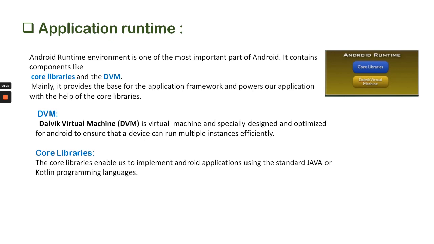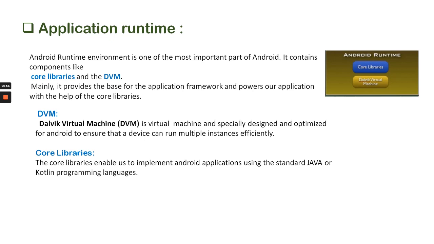Application runtime is one of the most important parts of Android. It contains components like core libraries and DVM. Mainly it provides the base for the application framework and powers our application with the help of the core libraries. Now what is DVM? DVM stands for Dalvik Virtual Machine.